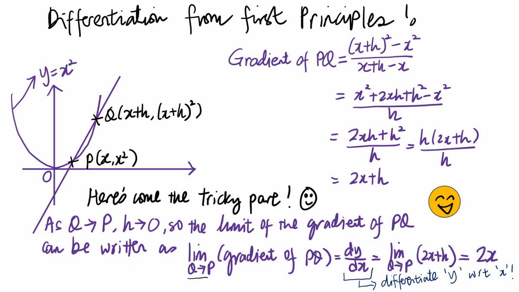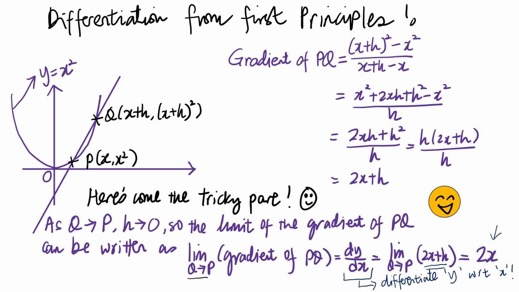The gradient of PQ, which we found earlier to be 2x plus h, when h tends to become 0, that means you get very, very close, what you get is just 2x.